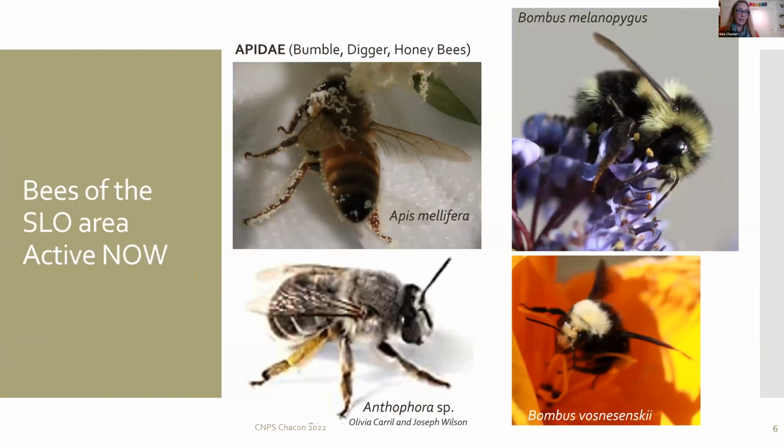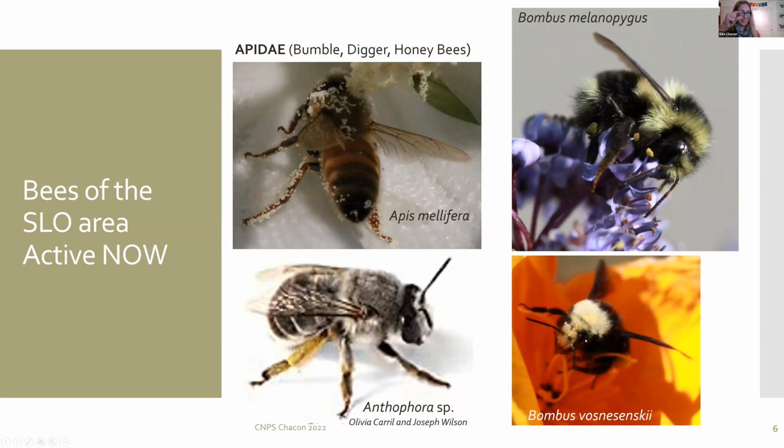Now, what have I seen so far in SLO? I have seen things from the Apidae family so far. I've seen Apis mellifera, which has been quite active since even the first of the year. The first bumblebees I saw come out, in the lower right-hand corner here, are Bombus vosnesenskii.